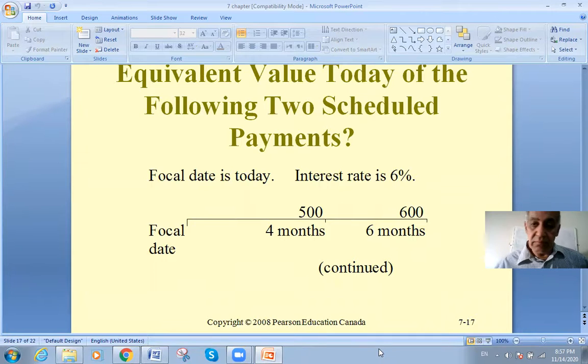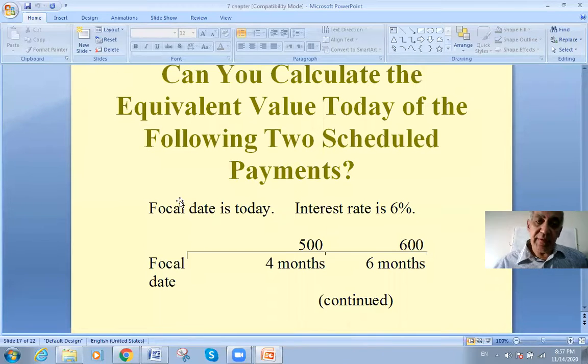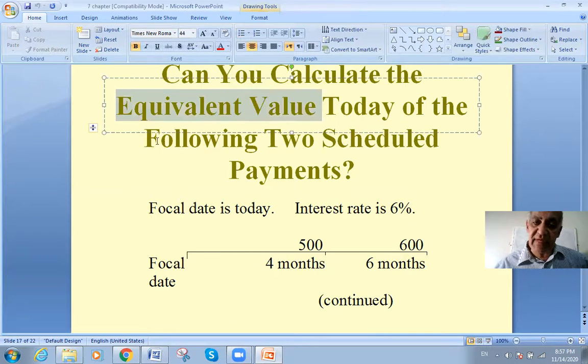So he's saying, can you calculate the equivalent value today? Equivalent value means the present value today of the following two scheduled payments.